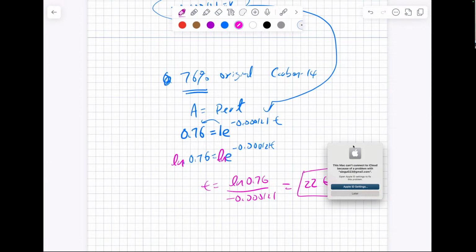So it takes 2,268 years to lose 24%. So you know this fossil is about 2,200 years old. It depends on what percentage of carbon 14 you have left on that particular fossil. You can tell how many years old it is.